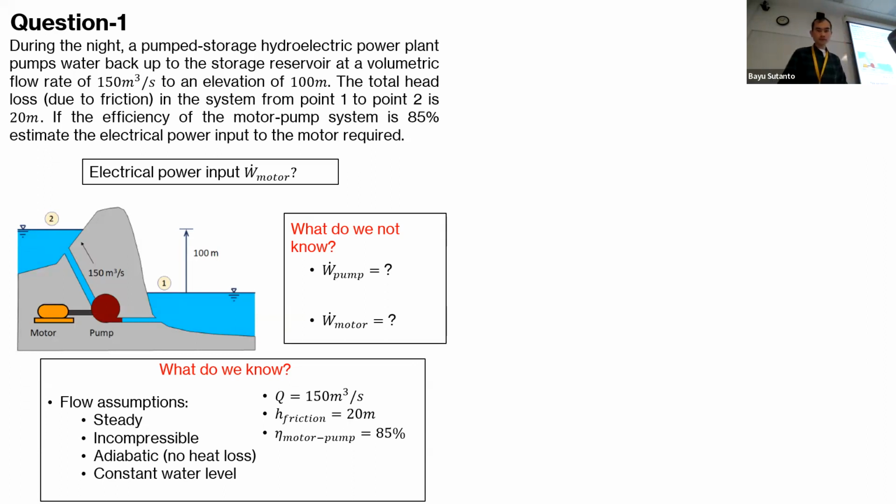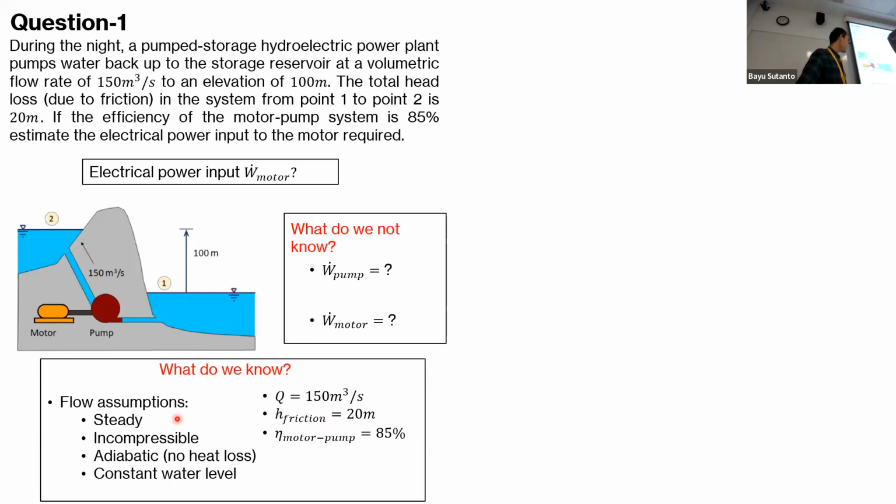So first we need to define the power from the pump, and next the power for the motor, because the pump is the actual power and the motor is the input power. We have an efficiency of 85%, so the pump power must be lower than the motor, or the motor must be higher than the pump.